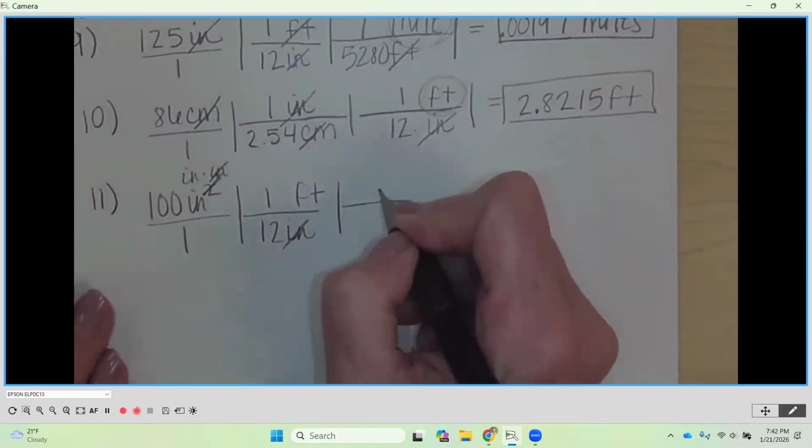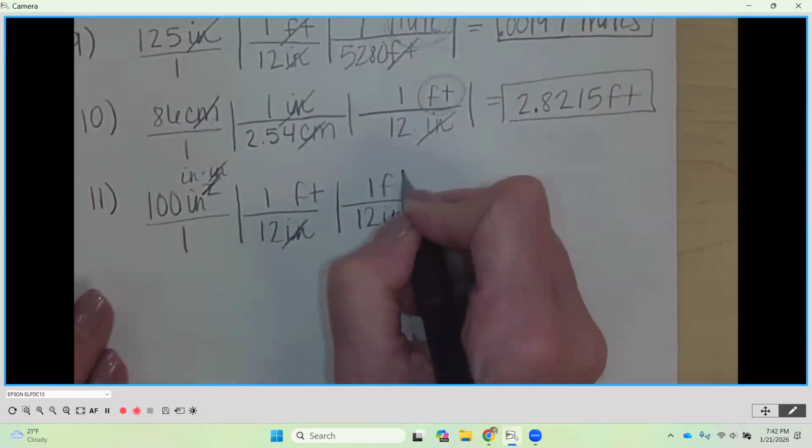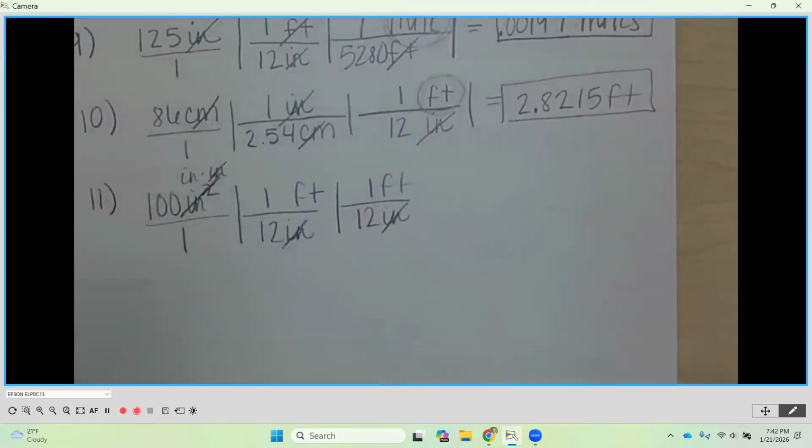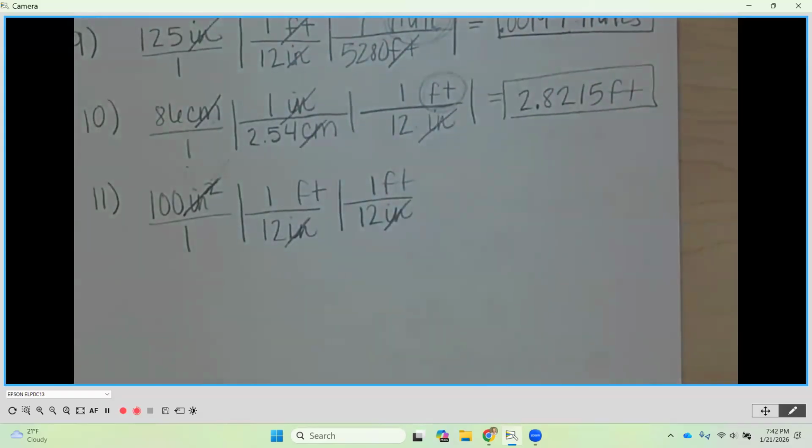So I've got to do this one more time. I've got to do the 12 on the bottom again, 12 inches, and 1 foot on top. And then it clears that square. Okay. So when you have a power, you have to do the ratio as many times as the power. So if this would be a cube, we would do it 3 times.